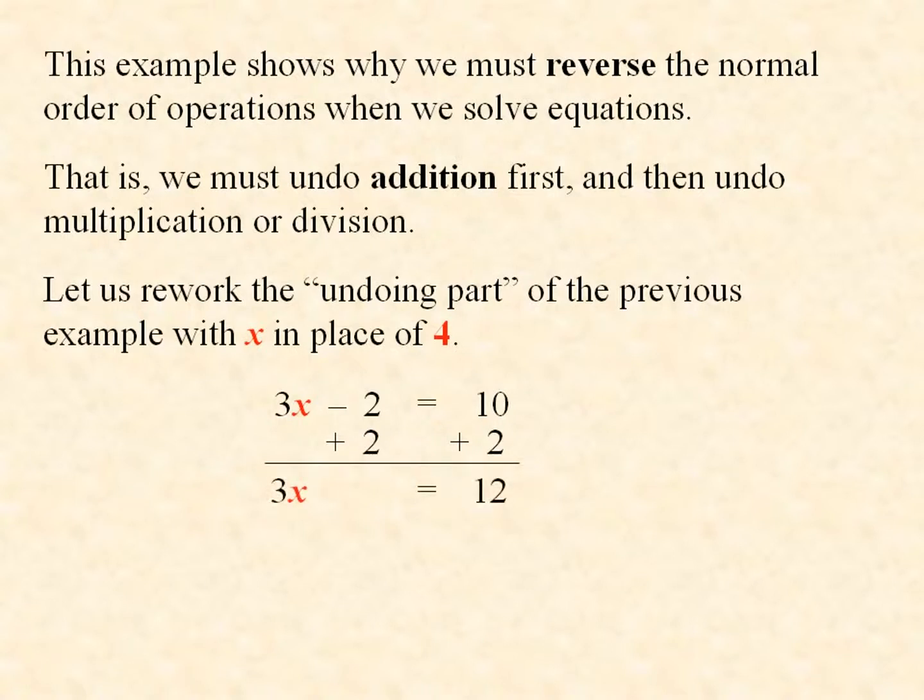That leaves us with 3x equals 12. Then we undo the multiplication by 3 by dividing by 3. The 3's cancel on the left, and we're left with x equals 4. Let's look at some more examples.